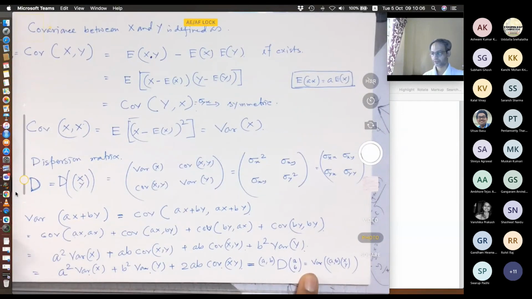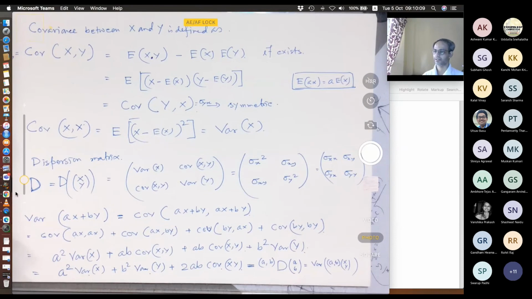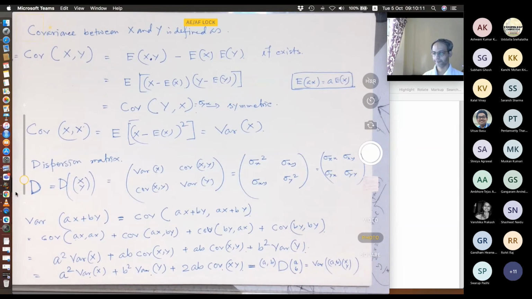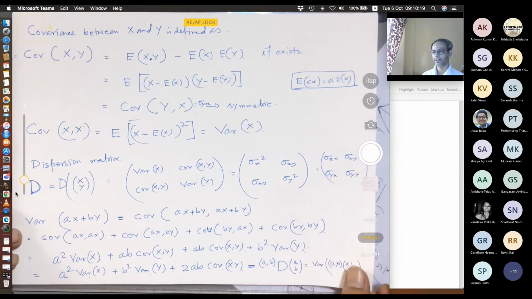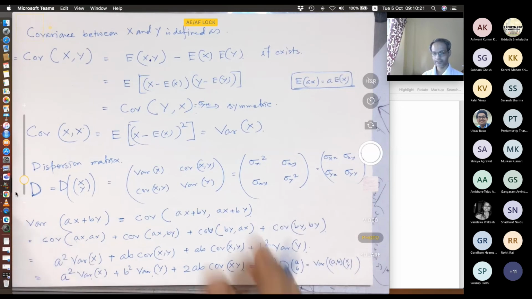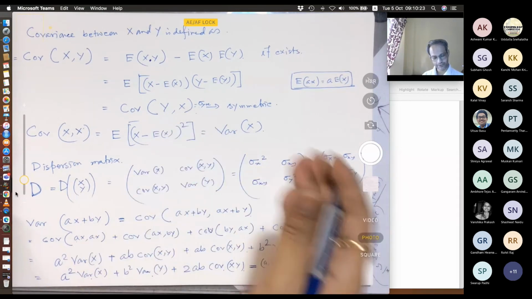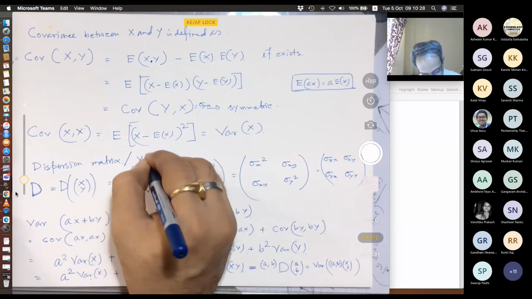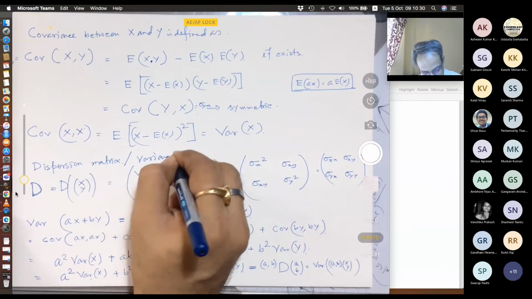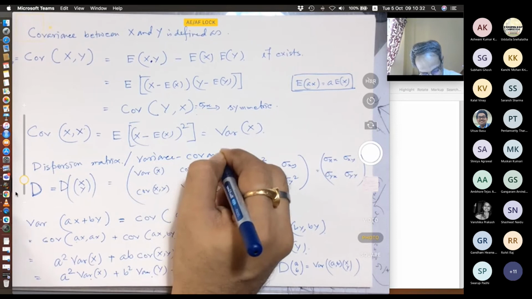This general notation is readily extendable for n dimension. So if you have a1 x1, a2 x2, a3 x3, an xn, and you have their variance covariance matrix, this is known as the dispersion matrix or variance covariance matrix.